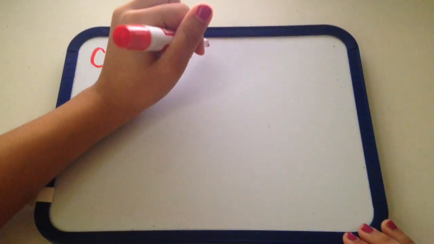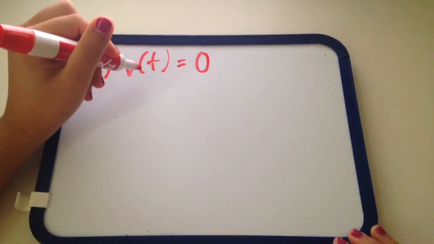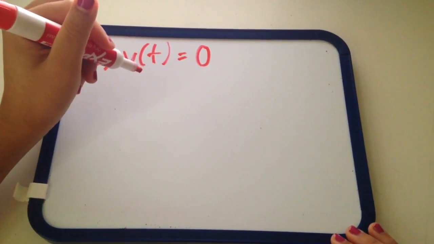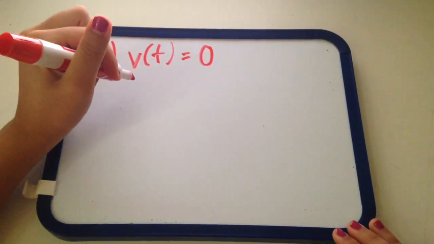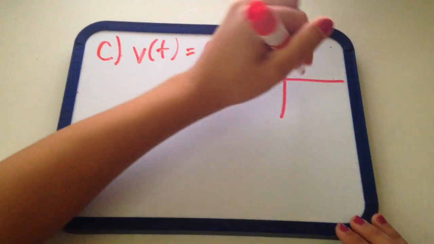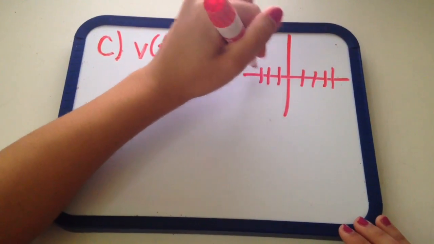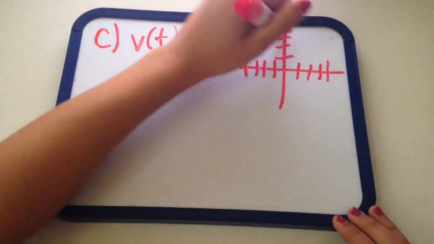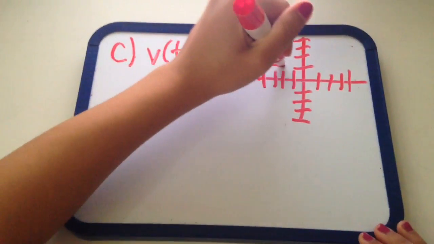In order to find critical points, you have to set velocity equal to 0. So you can use your calculator, and the graph will look like this.